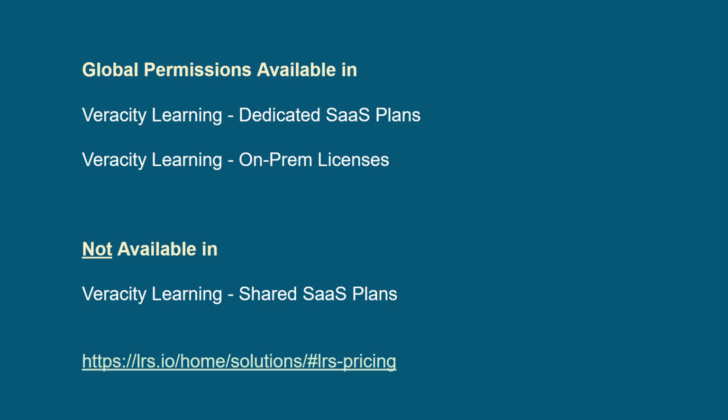For global permissions, you have to be a system or platform administrator, the manager of all the tenants. That requires a dedicated software as a service plan where you have your own infrastructure, not shared infrastructure, or on-prem. So if you're using our free plan or our starter plan, you won't see the global permissions. And I'll try to point that out when we do a demo.